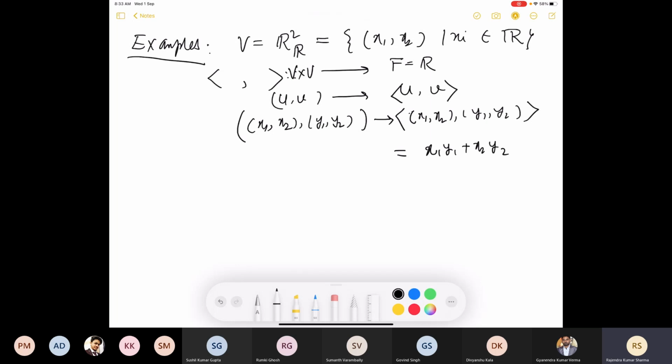This defines an inner product, which we call the dot product also. So V becomes R2, an inner product space with respect to this inner product.